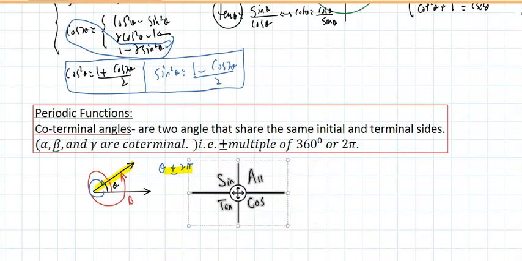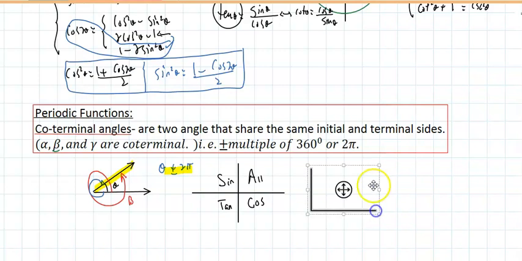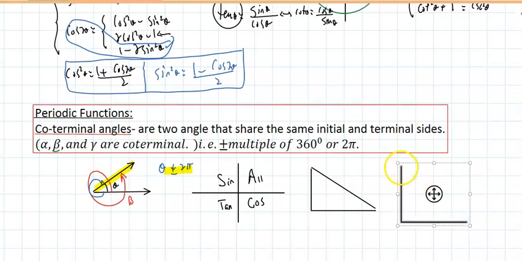Associated with this would be 2 right triangles for you to remember. I don't know how well you remember those, but you need them all throughout. One is a 30.